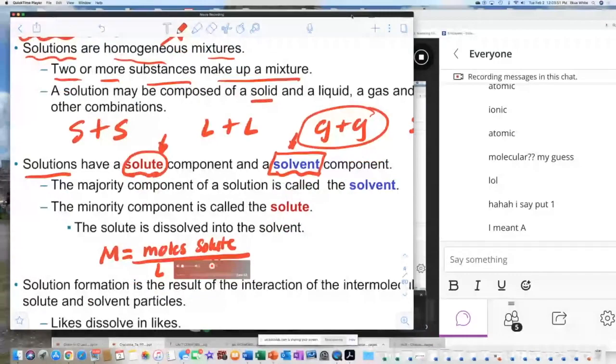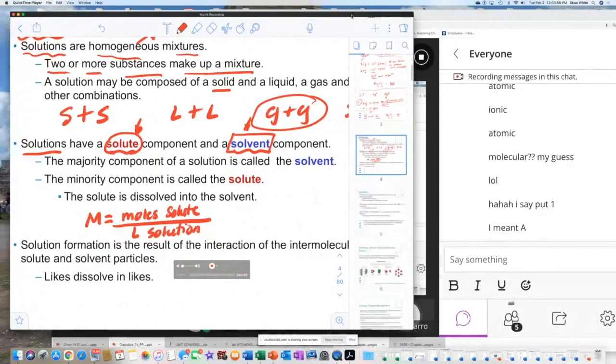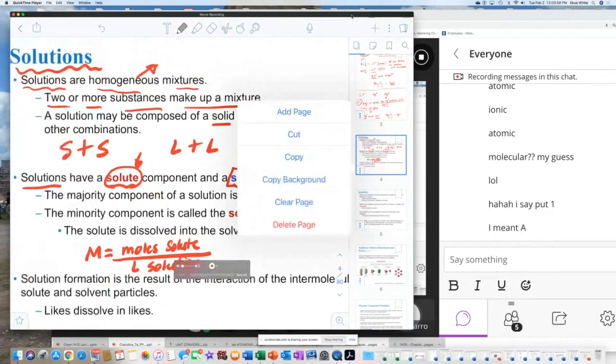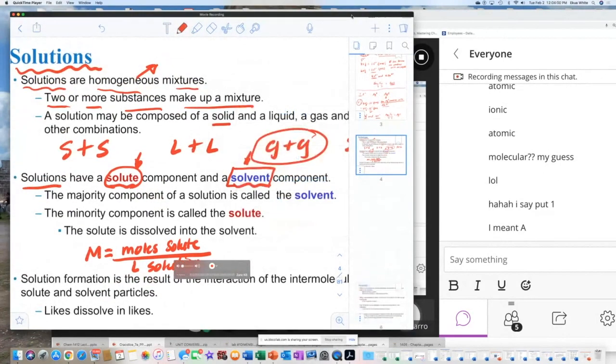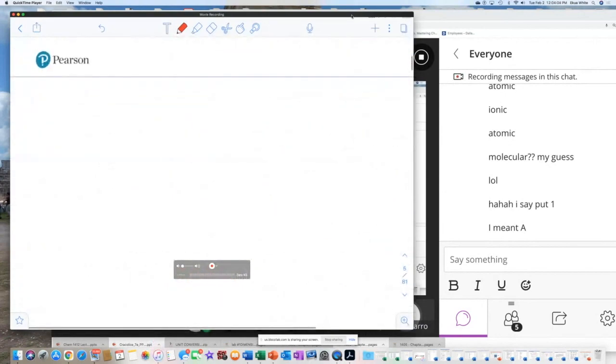Okay, so let me go ahead and add a page. I'll quickly define the different components. Once again, you have solute. This tends to be the lesser amount.